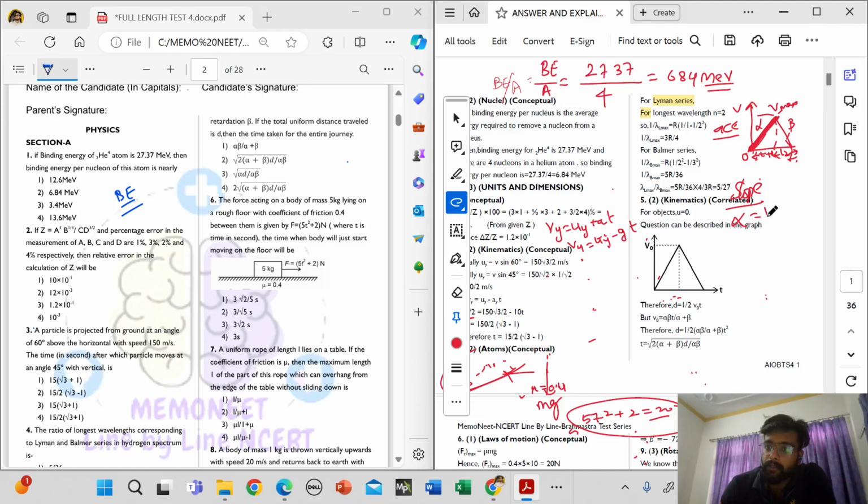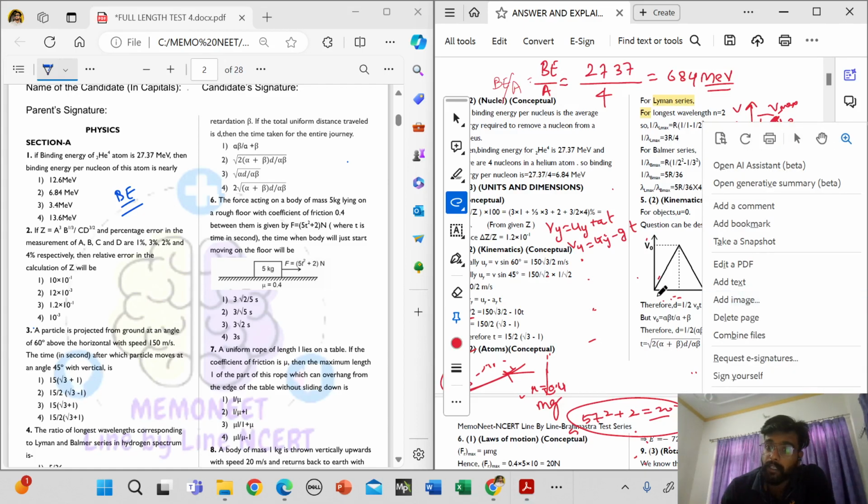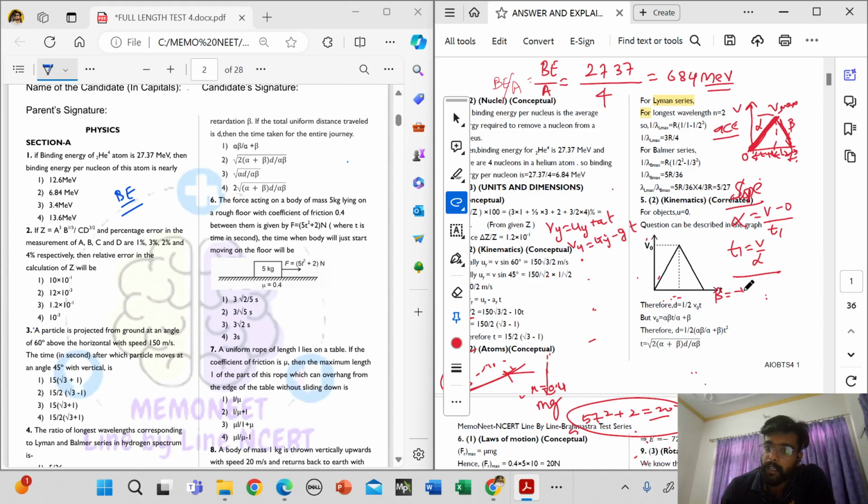So the slope is equal to v minus 0 upon t1, and from here we get t1 equal to v upon alpha. Similarly, for the retardation period we calculate the slope. Because beta is a retardation, it is a negative slope, so minus beta is equal to 0 minus v upon t2.